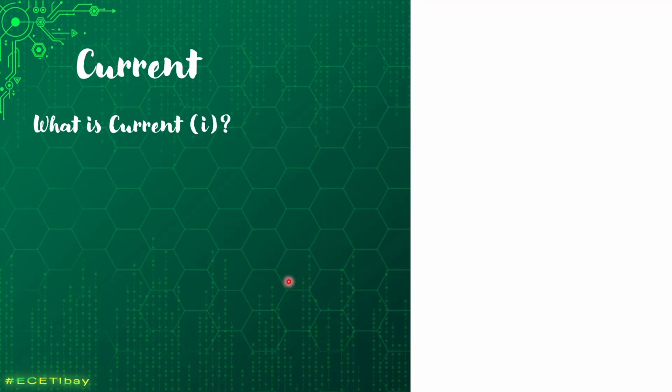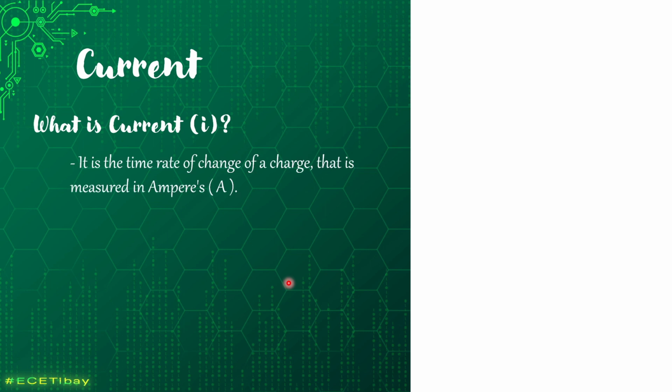Next is current. What is current? It is the time rate of change of charge, measured in amperes. Current is represented by the letter I, and its measurement is in amperes, which is capital A. What is the equation of current?